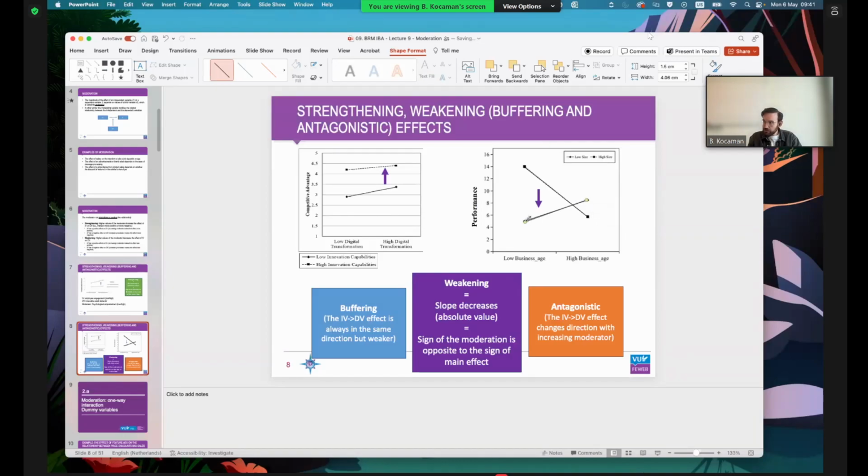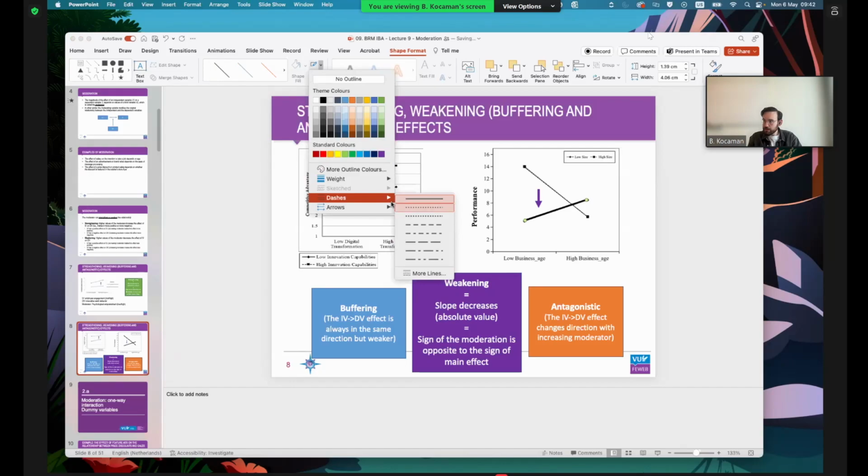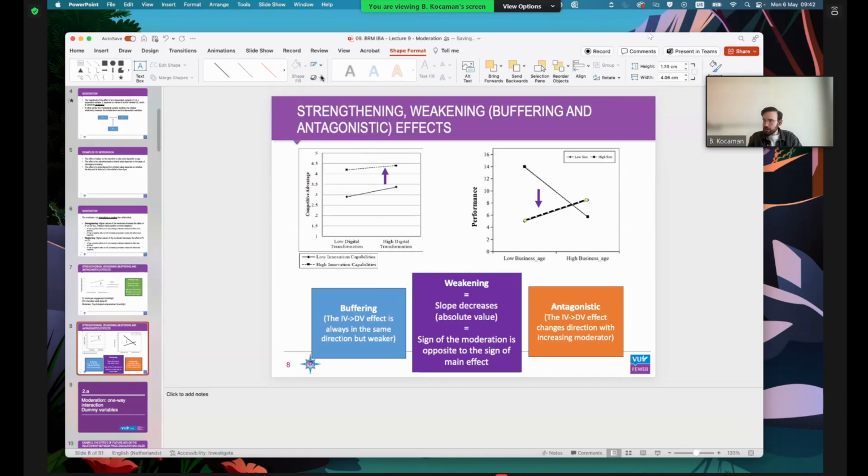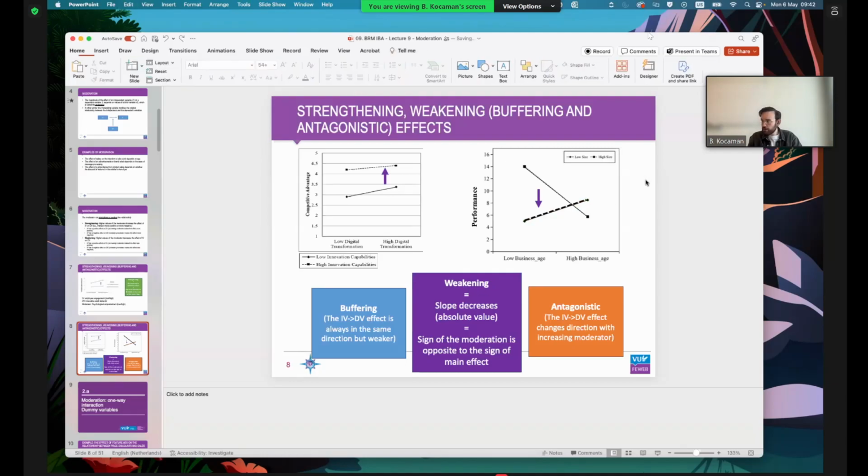But it's also a good example of an antagonistic effect when you have a direct negative effect.